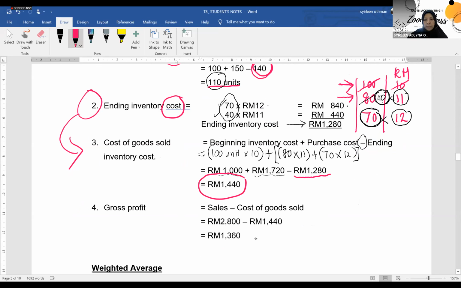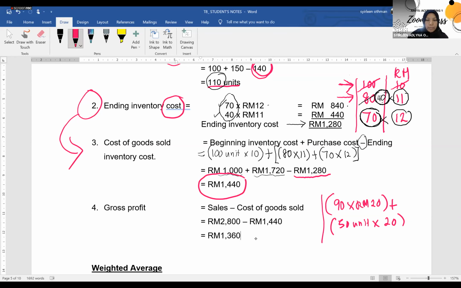Kalau awak tengok sales tadi, alright, you ada 90 units, darab RM20. Okay, and then kita akan plus dengan 50 units, darab RM20 as well. Okay, so you have 1,800 plus 1,000 kan?